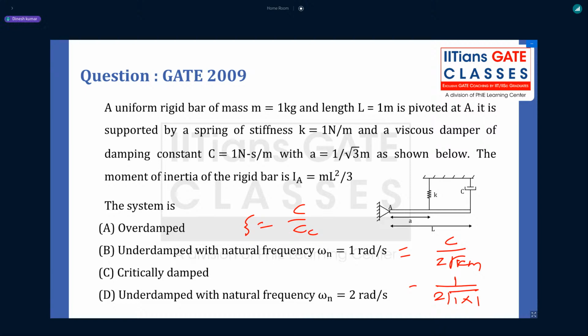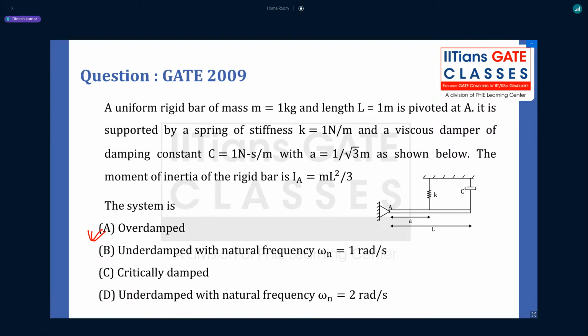If you write zeta as C by Cc, zeta is coming as 0.5. It means what? Underdamped, which is not correct. So people will say B is the answer, which is not correct. What is the answer? A is the correct answer.